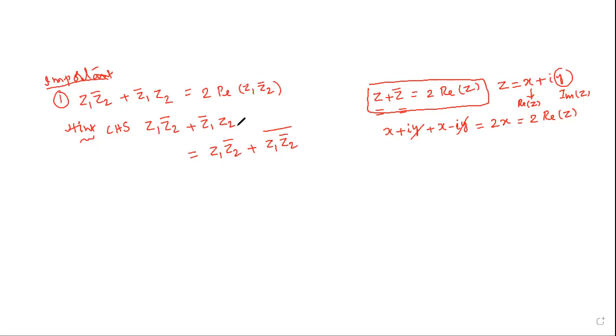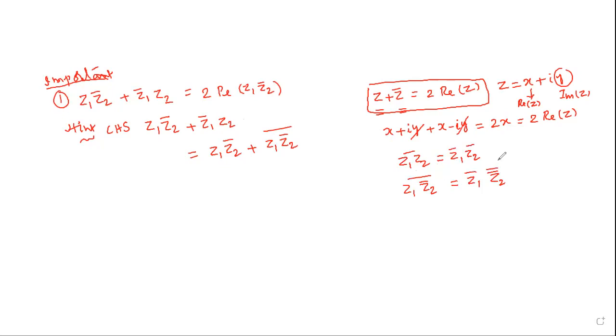Now by separating, Z1 Z2 whole bar is equal to Z1 bar into Z2 bar.